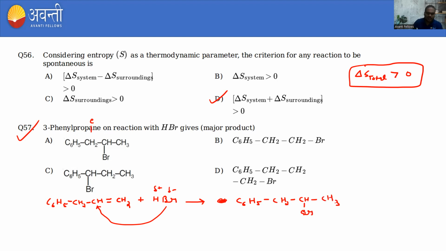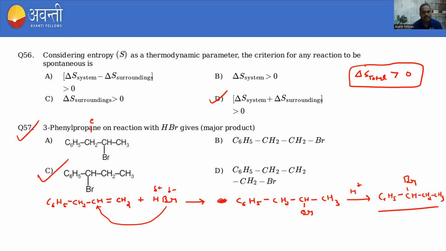This case is also possible, but here, due to hydride shift, the product becomes C6H5, and the most stable carbocation is this one. So Br will go to this carbon, then CH2, and this becomes CH3.